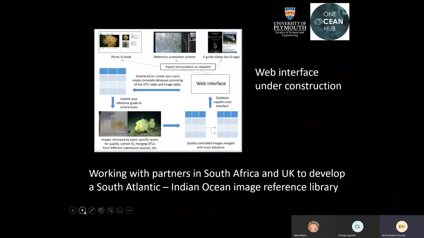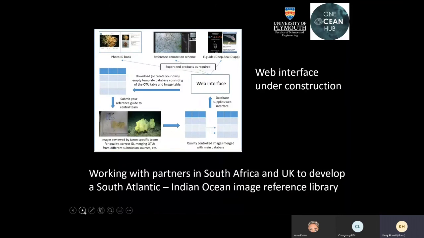So at the moment, as I mentioned, we are in the process of merging those reference libraries together to create the one standard for the North Atlantic. But in a project we have at the moment called the One Ocean Hub, which is working with developing nations to build capacity, particularly in deep sea science, we're working with South Africa, Namibia, Ghana, Fiji, the Solomon Islands, Seychelles, and also countries in the Caribbean.